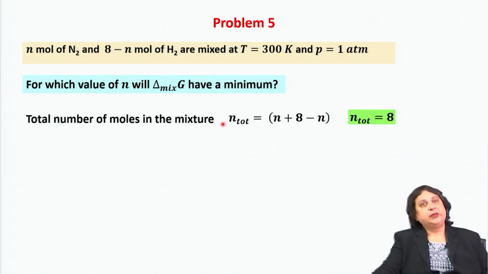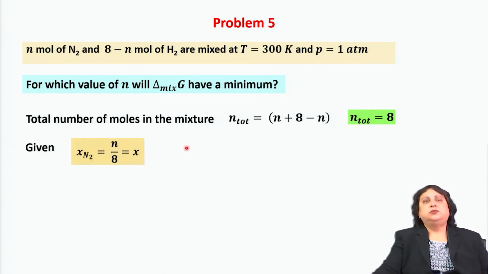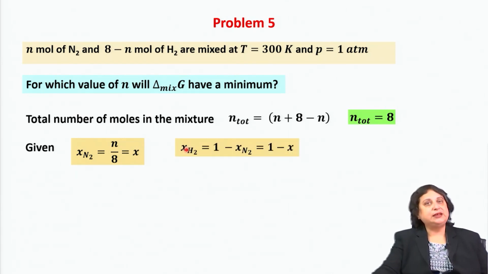molecules in the ideal gas mixture, and it is also given that the mole fraction of the nitrogen is n by 8, and that of hydrogen obviously is going to be 1 minus the mole fraction of nitrogen. So, for the sake of simplicity, let me put the mole fraction of nitrogen as x, and correspondingly the mole fraction of hydrogen is 1 minus x.